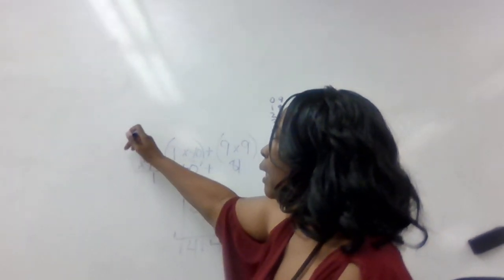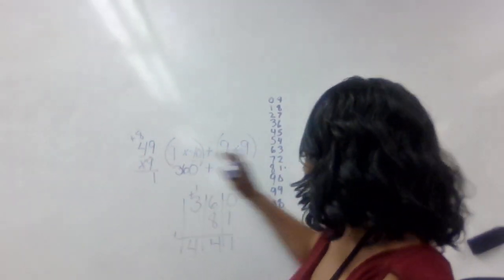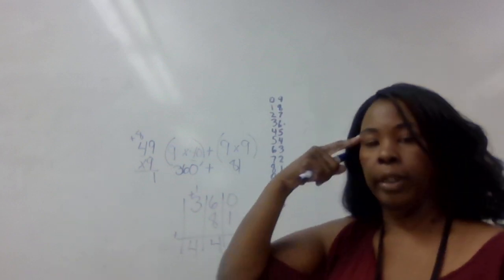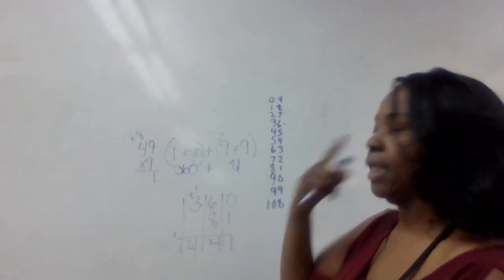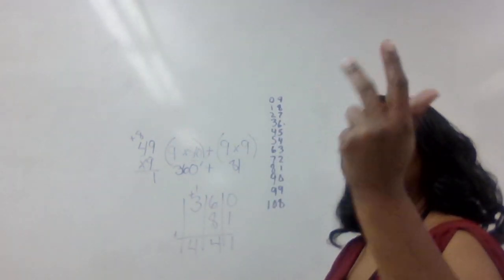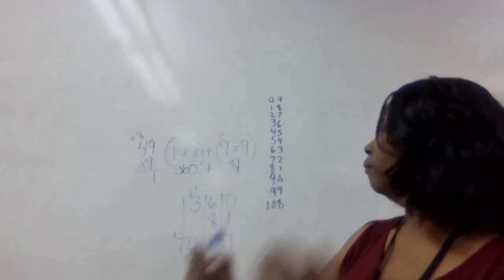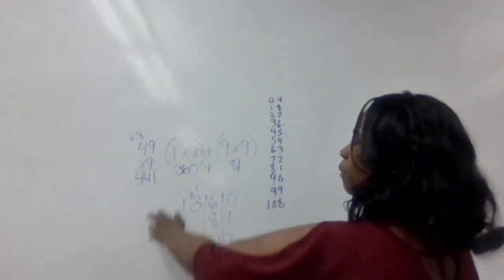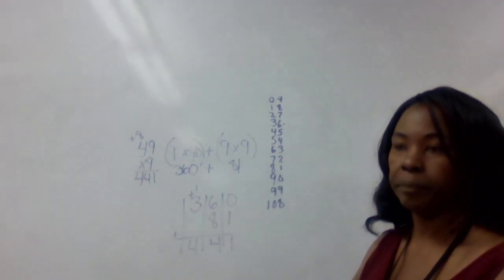My plus 8 goes up here. Now I'm going to go down 4: 1, 2, 3, 4. That gives me 36. Hold it in your head because we still have to add on plus 8. So 36, 37, 38, 39, 40, 41, 42, 43, 44. And there we end up with the same product, 441.